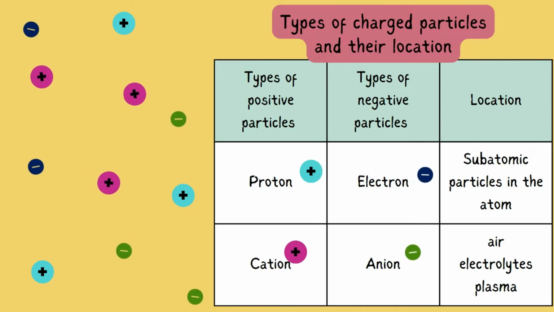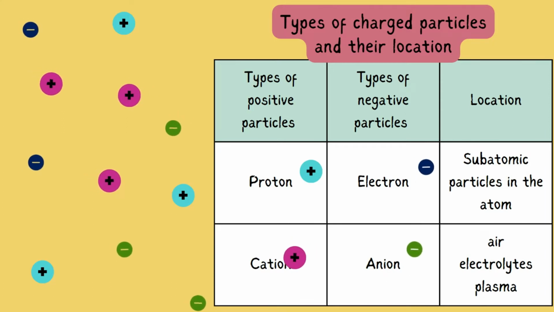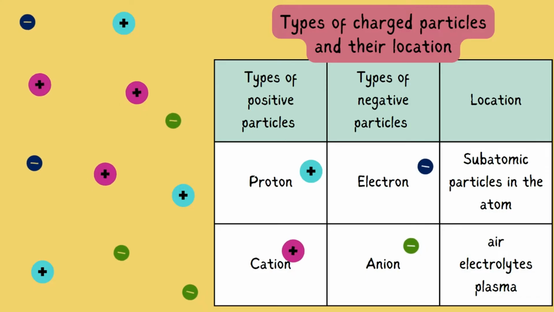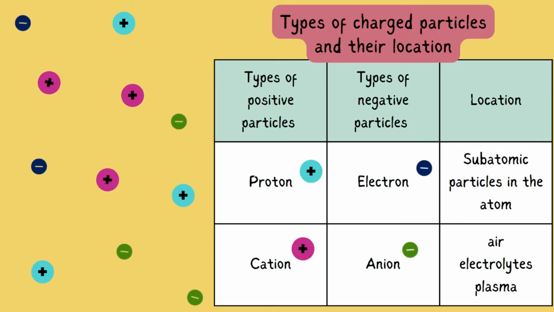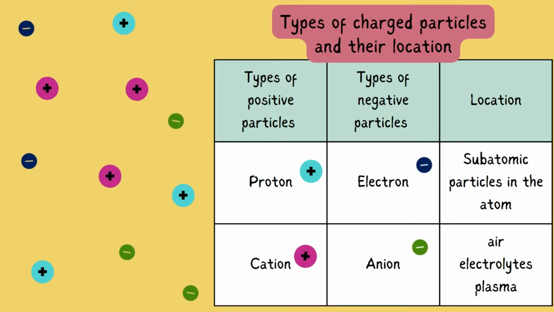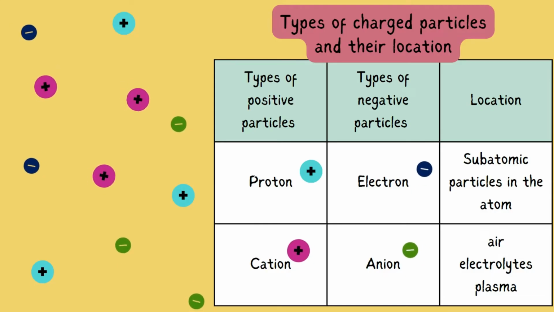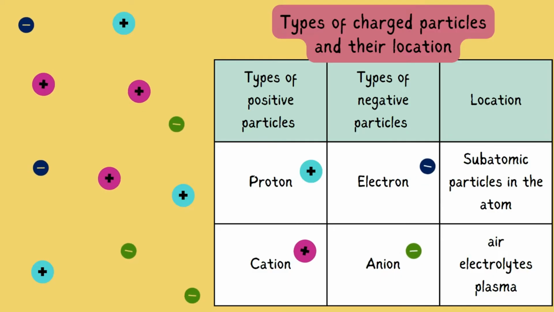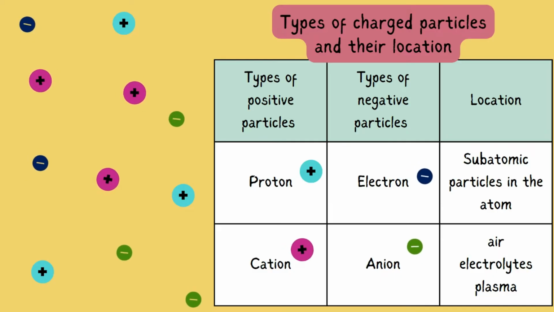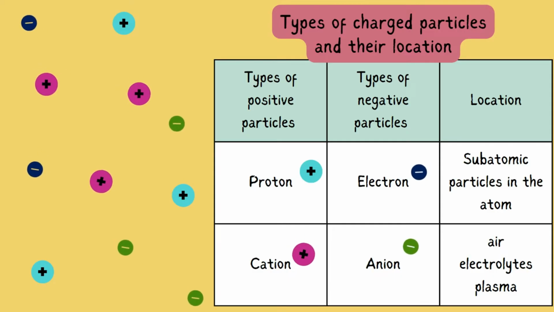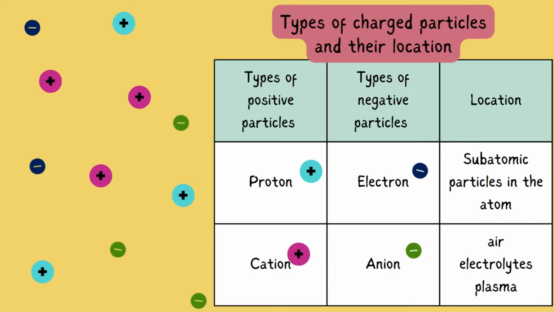The proton and the electron can be found in the atom. They are subatomic particles. The proton can be found in the nucleus of the atom, while the electron orbits that nucleus in something called an energy shell, or it can be referred to as an orbital, or even an energy level.